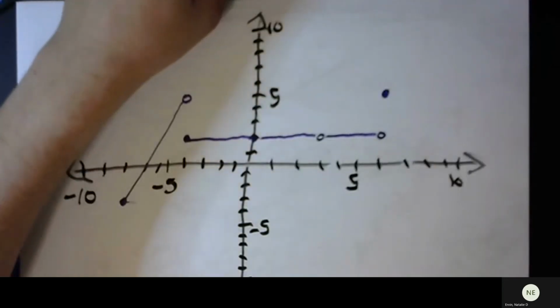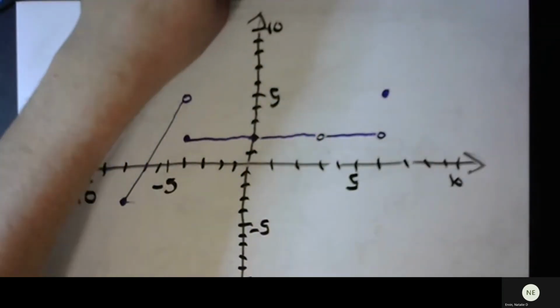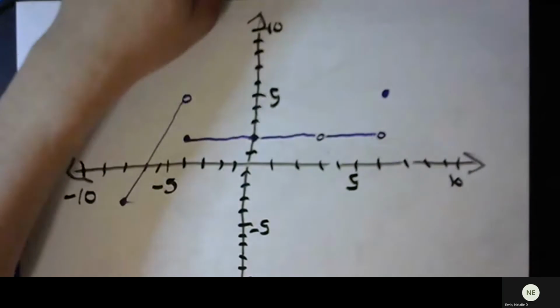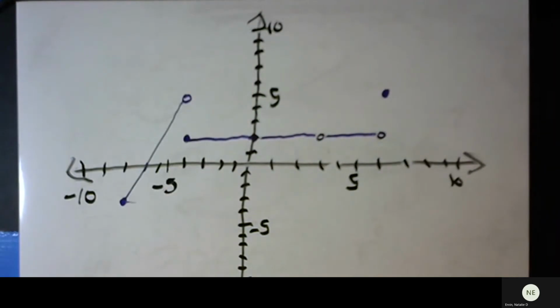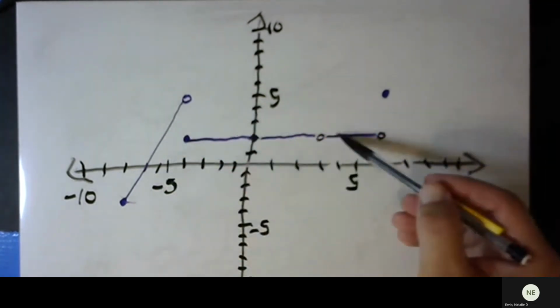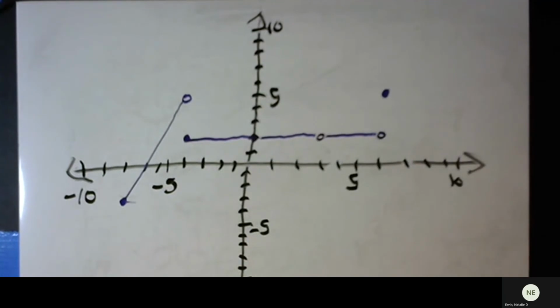So with this problem, what we're going to be asked to do is find these one-sided limits. The first problem is asking, what's the limit of f of x? The purple here is the f of x, kind of an interesting little function.